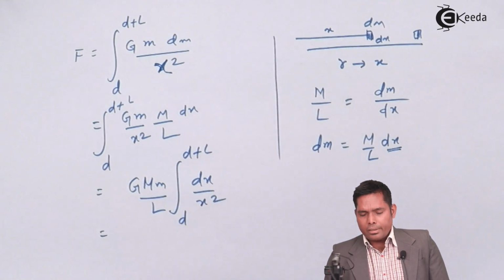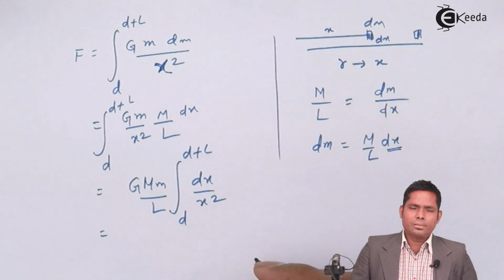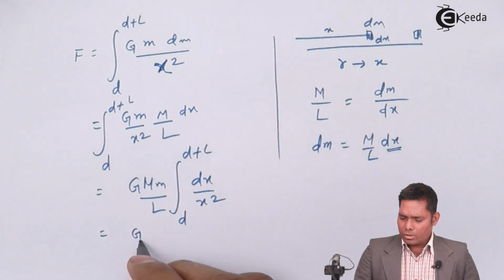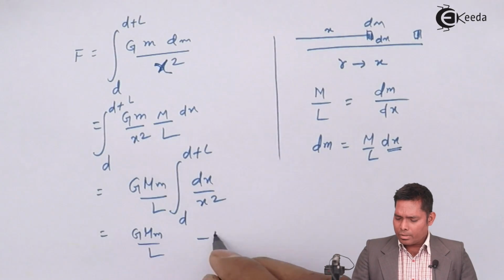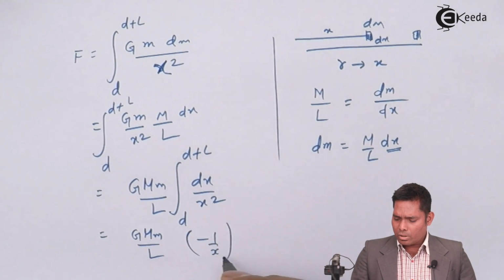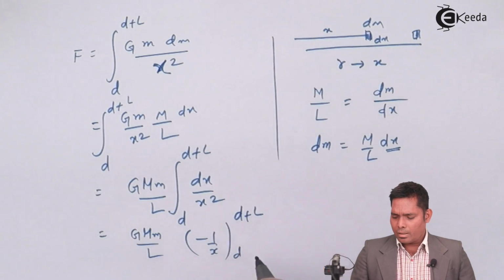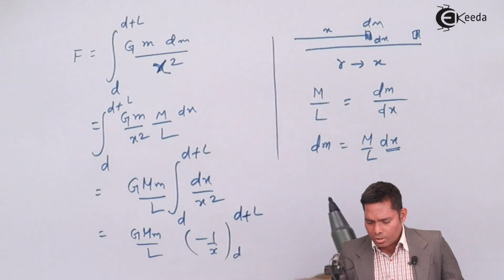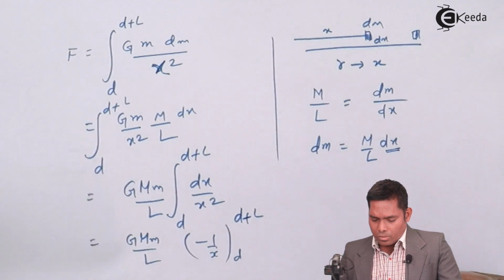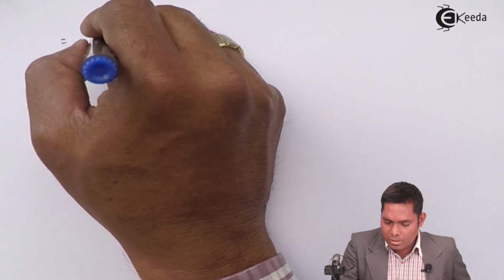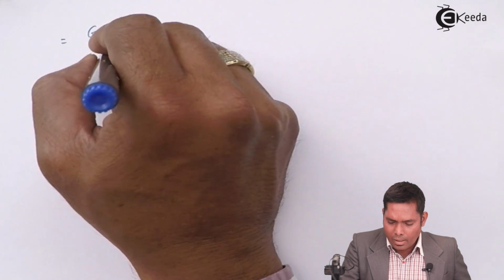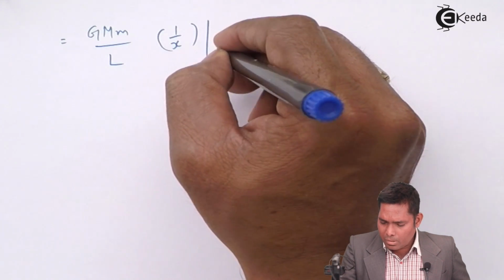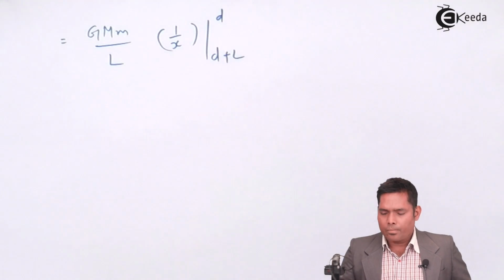So this is G m m over L, dx over x square integrated from d to d plus L. The integral of dx over x square is minus 1 over x. If I don't want the minus, I'll just change the limits, so it is G m m over L times 1 over x, with limits from d plus L to d.